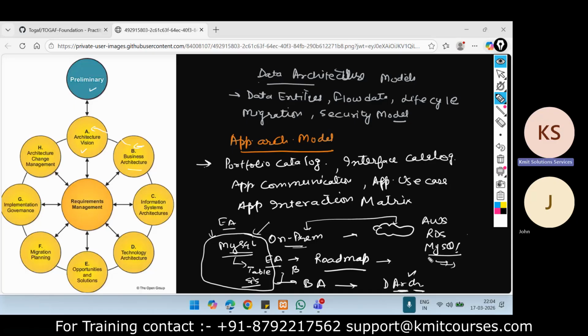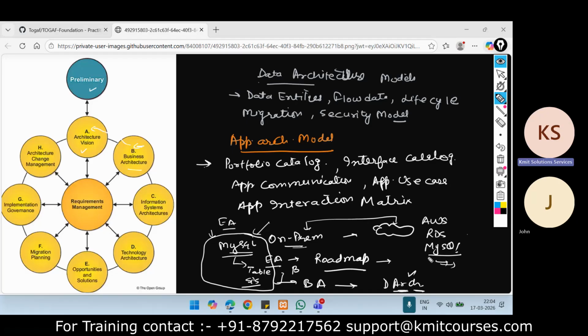If you think something can be leveraged from existing architecture artifacts, industry reference models or architecture building blocks from the repository, you can do that also. The main purpose is that we need to develop the application architecture and the data architecture as per the business capability, business processes and value streams.